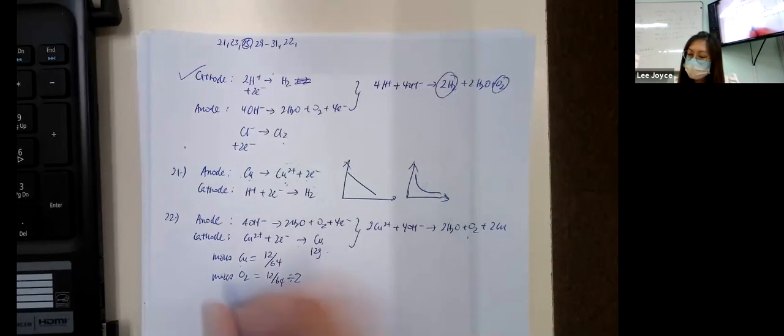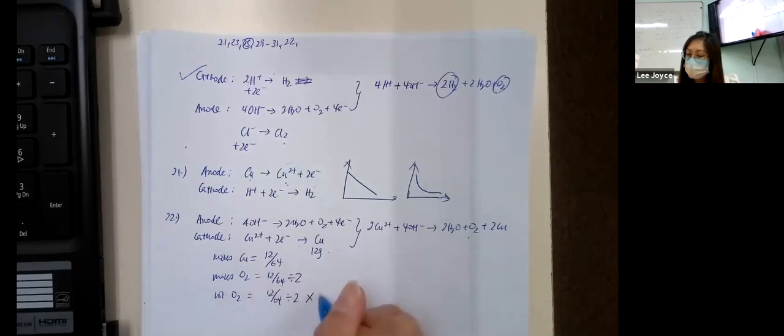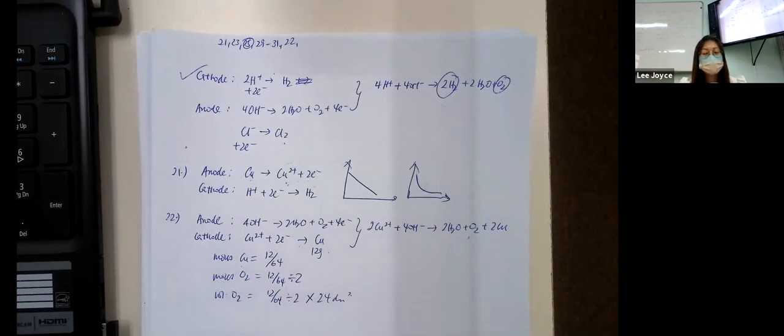Alright, and then after that, to find the volume of oxygen, this 12 over 64 divided by 2 and you multiply by 24 again. Okay, so this should get you to the answer of D, 2.3. Anyone? Give it a try. This is the working.